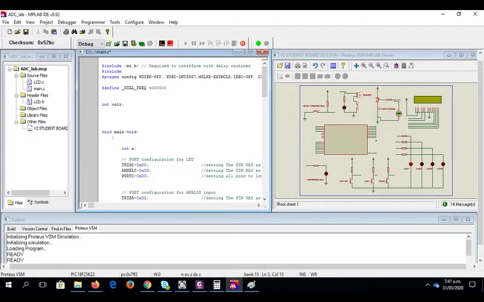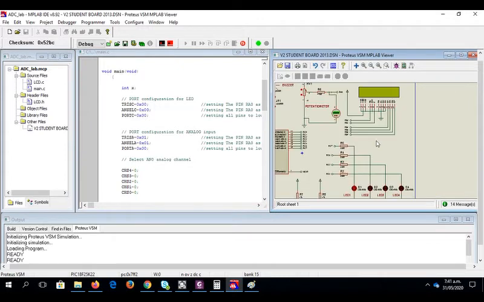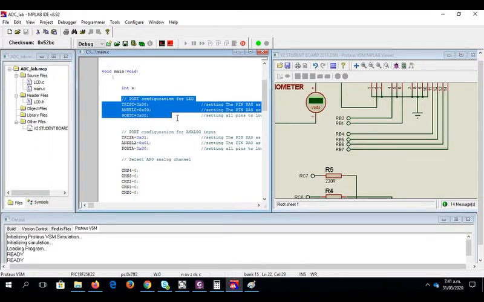So this is a user-defined header, lcd.h, where I have declared the functions. Next thing is I need to find which port of the microcontroller the LCD is connected to, that is port B. So I need to configure port B for the LCD.